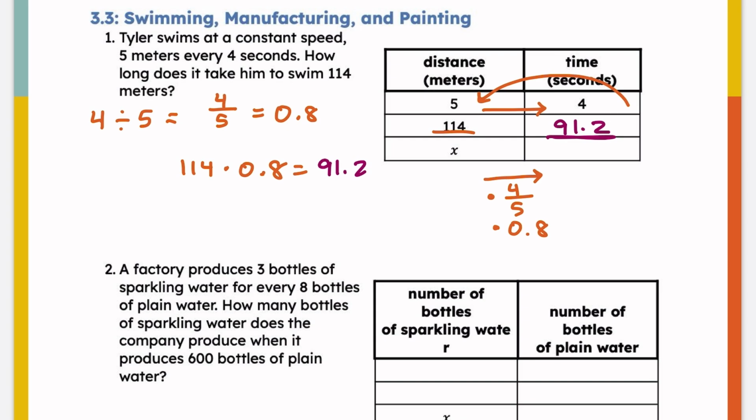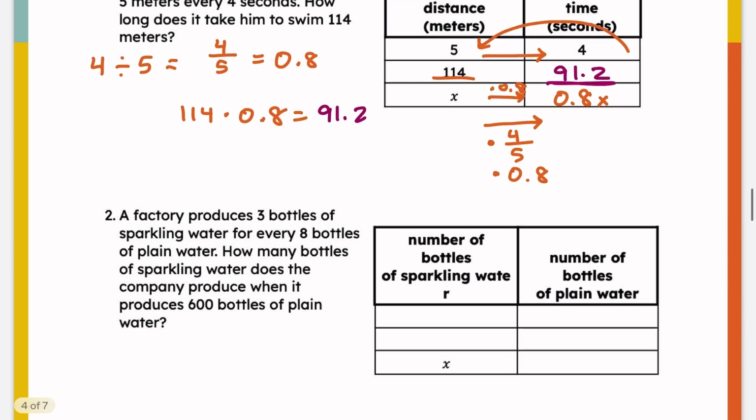We're still going forwards across the table by multiplying by 0.8. So that means even if I start here with an X, I'm still going to go forwards by multiplying by 0.8. So what am I going to get when I do that? 0.8 X. That's not something I can type into my calculator, so it's something that we need to remember from when we practiced it a couple units ago.